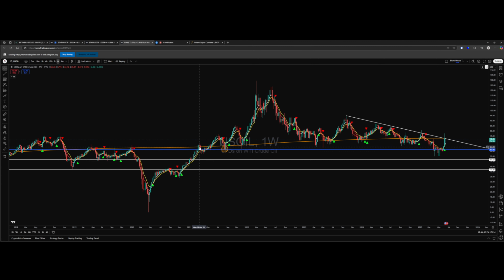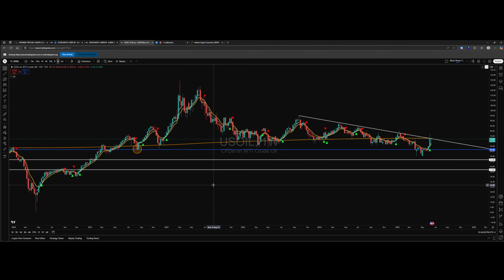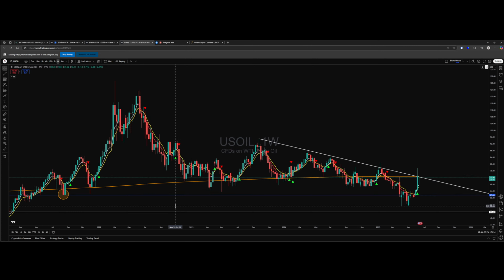When you break on the downside 1,000 days of price support, that's a big deal. And when you break it to the upside, it's equally a big deal. But what's more important is how it provides support and resistance to price as we move along here.